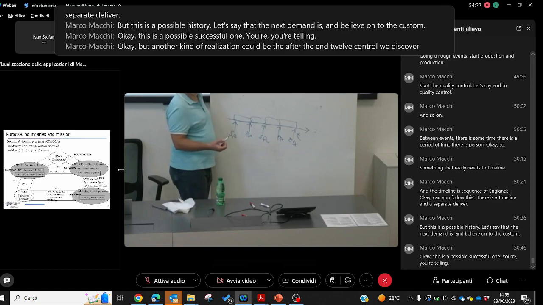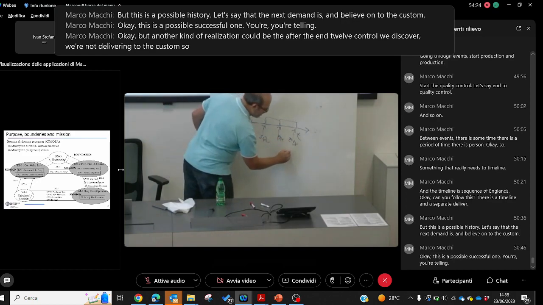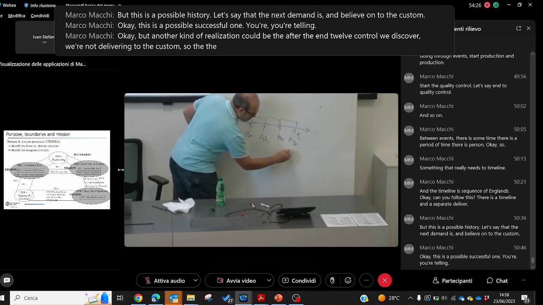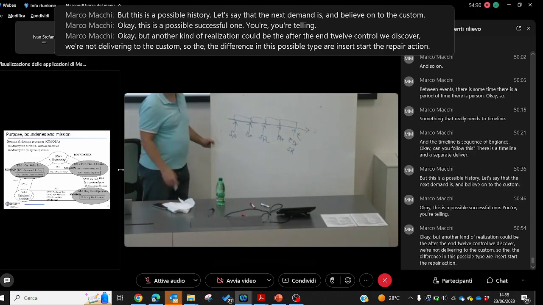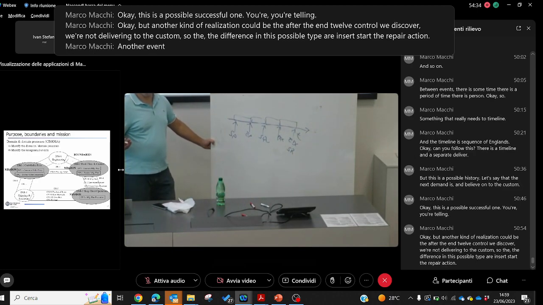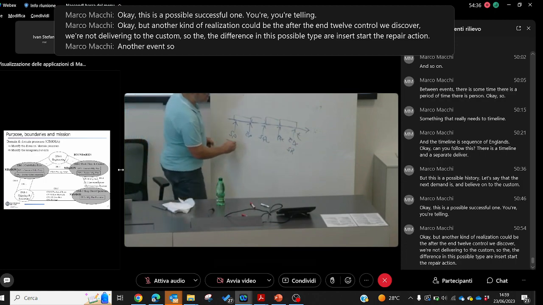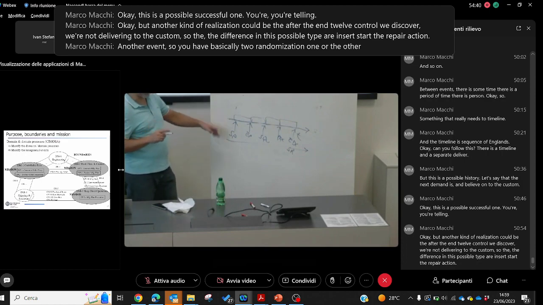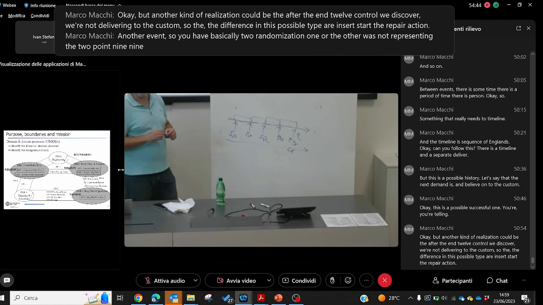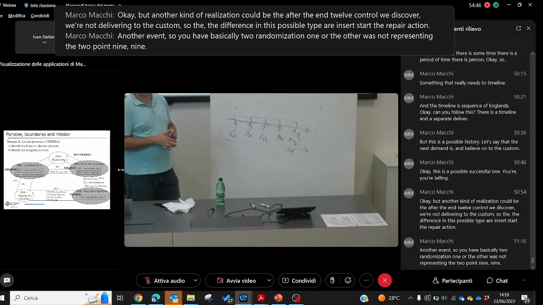We're not delivering to the customer. So the difference in this possible timeline is start the repair action, for example. Another event. So you have basically two realizations, one or the other.